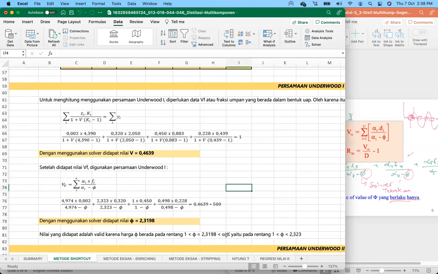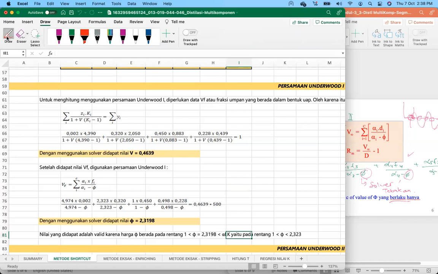Okay, the principle of this one is like Newton-Raphson. Do you remember Newton-Raphson in the process computation? In Newton-Raphson, if you have a function, for example like this, you have 1, 2, 3, 4 values, all of which will make this equal to 0.